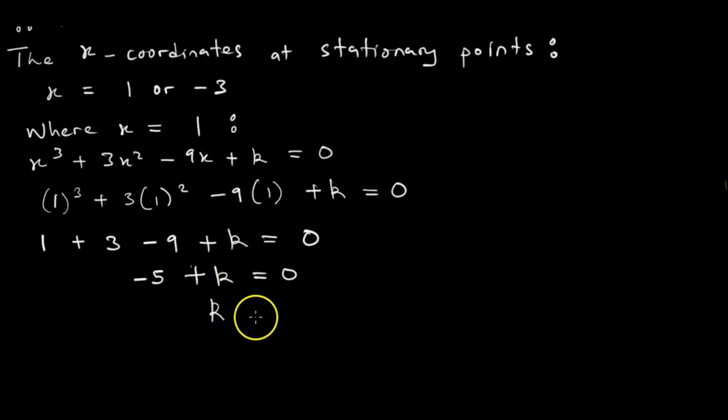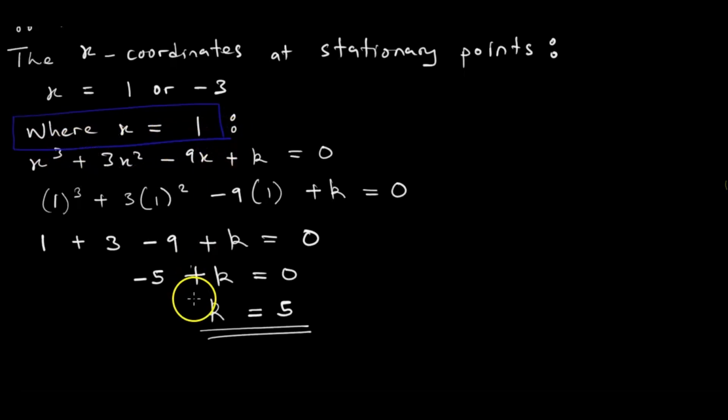That means k is equal to 5. So where x is 1, k is equal to 5. That's important. Let us put a demarcating line here.